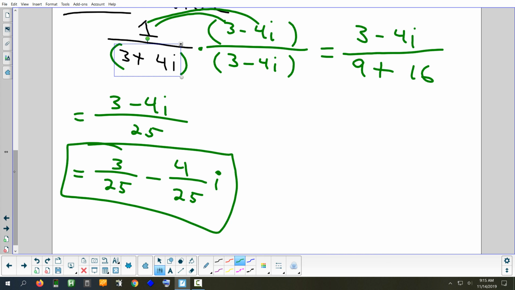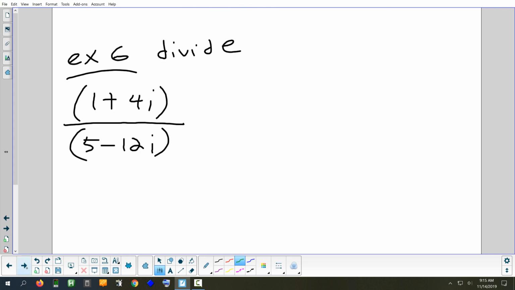Okay, so a little bit easier on this one because the number in the top was just a 1. Now the number in the top is a complex number. So you still do the same thing, but you are going to have to FOIL in the top. Now, since you got 2 complex numbers, you got to make sure you know which one you're using. We're using the conjugate of the denominator.